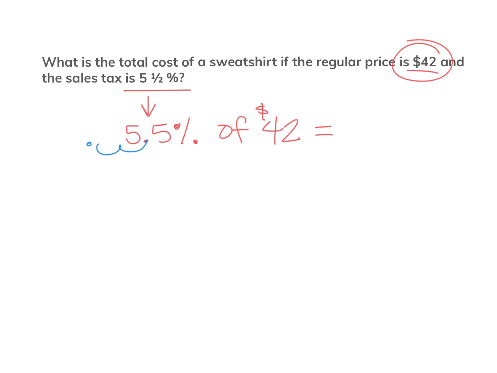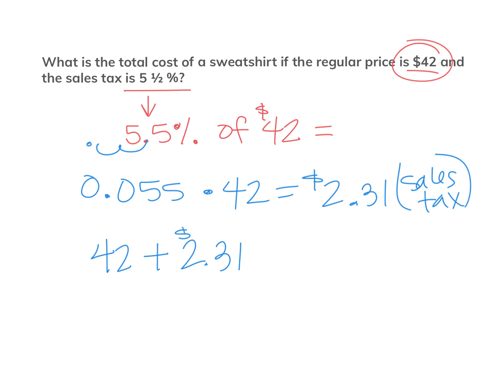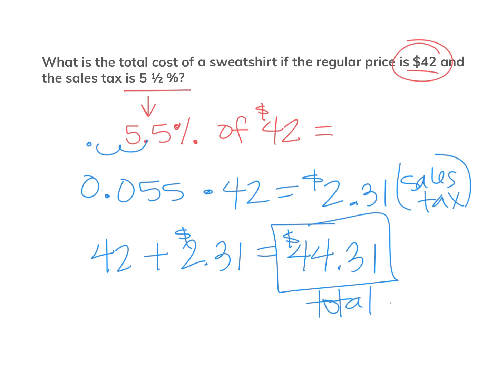Go 2 to the left: 0.055 times 42. And we get 2.31, which is $2.31. That's my sales tax. Then we take $42 and add $2.31, and we get $44.31. So that is my total cost.